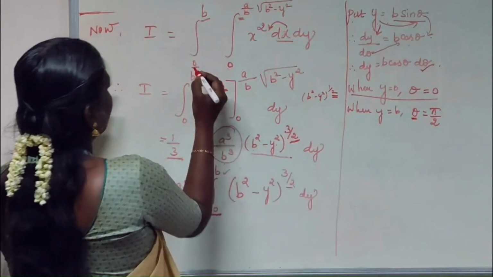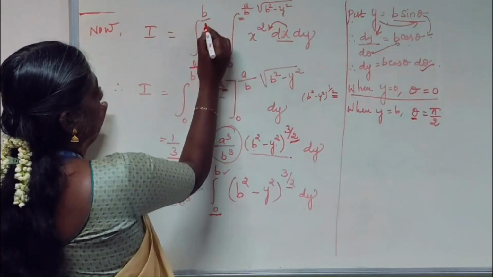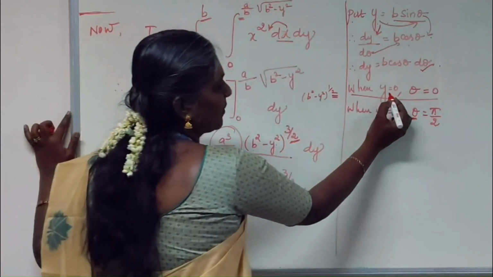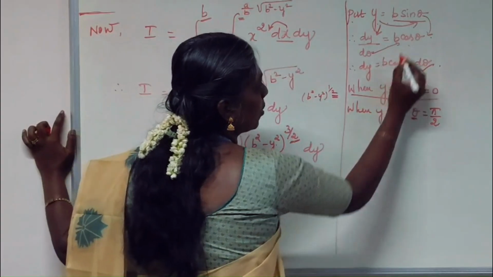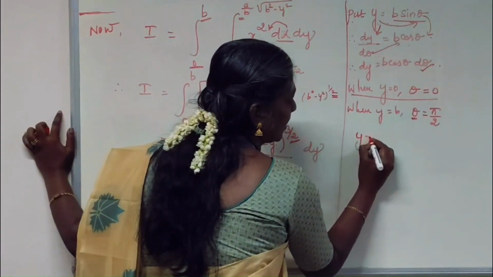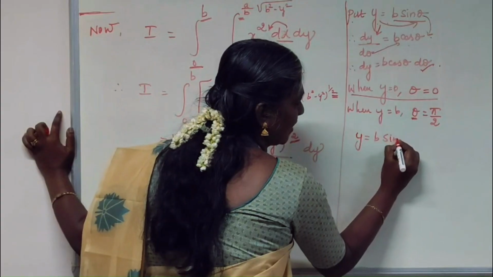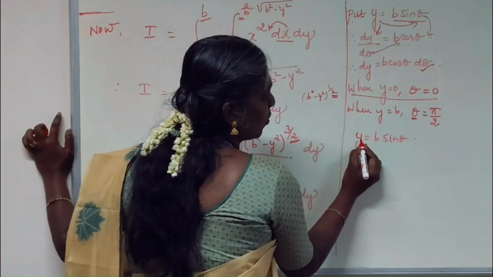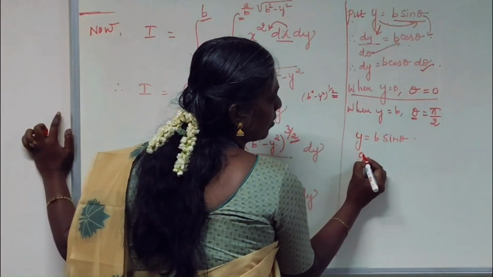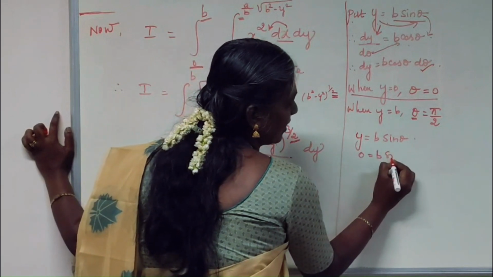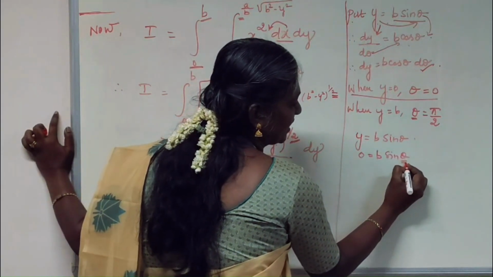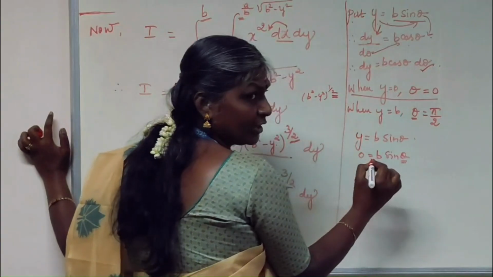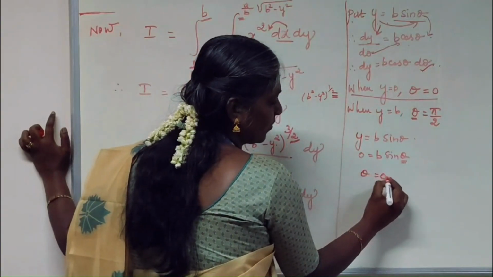When y is equal to 0, what is the value of theta? Y is equal to b sin theta. So y equal to 0 gives b sin theta equal to 0, and automatically the theta value is 0.